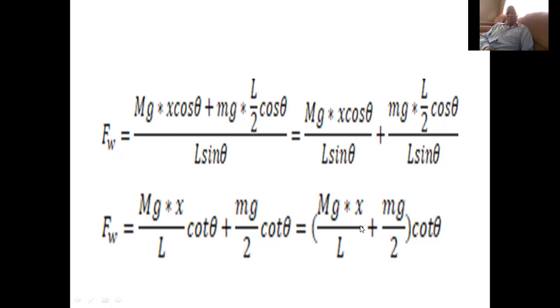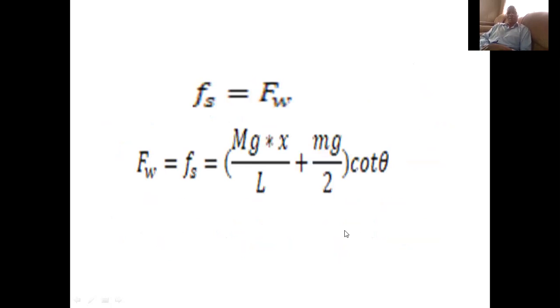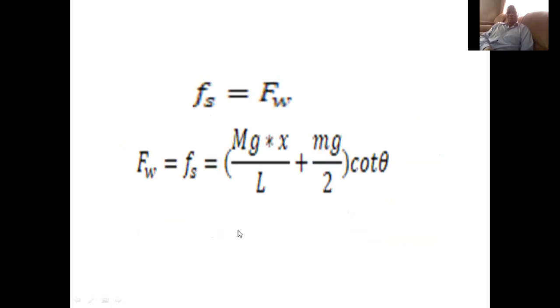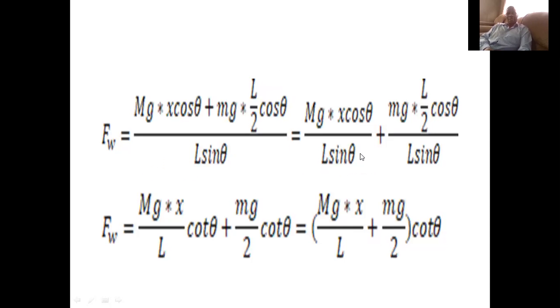And then you can factor out the cot theta since it's common here and here, and this is what you get. And you remember, we said that for the horizontal forces, the frictional force was equal to Fw, and therefore this equation which you have found here, we can equate to the static friction, meaning that they are the same. So this gives us this same equation.